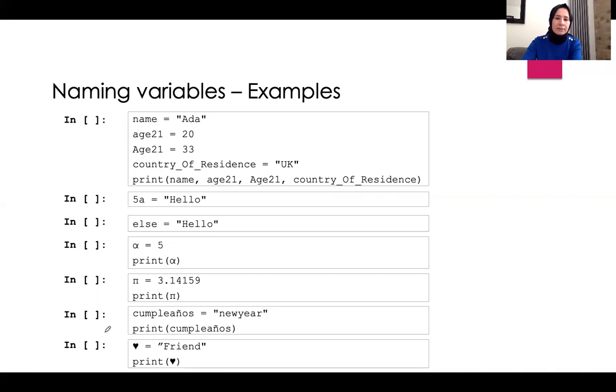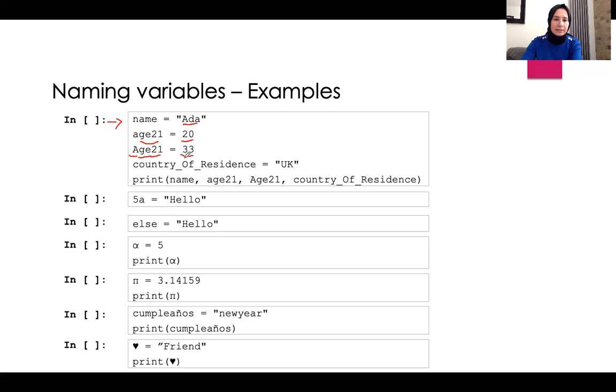Let's look at some variable name examples here. Let's look at the first piece of code, guys. We have different variable names, and they are assigned different values. We have name with a string value, age 21 with an integer, and another age 21. However, this one uses uppercase letters, so those are different variables, right?